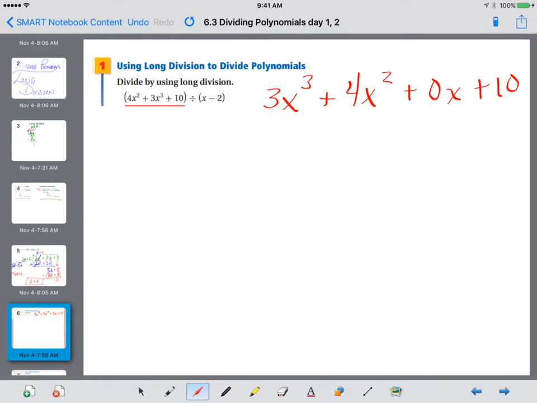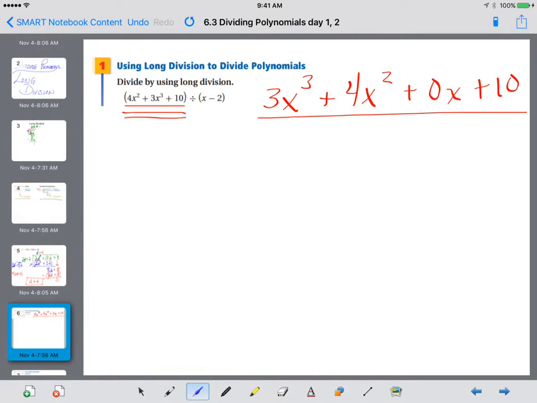So whenever we go to divide by long division, we have to rewrite it in standard form, and we have to include any missing terms along the way. So if I didn't have an x to the second power written in here, I would have a 0x to the second power. I can't skip anything. So let's go to our dividing.